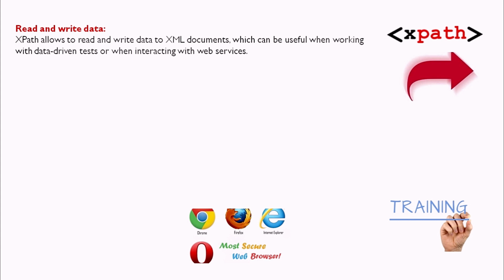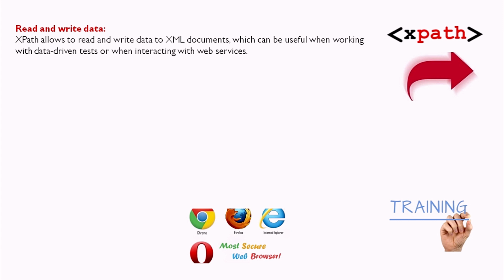Basically, when we design the framework, we use XML documents to collect all the web elements. Some companies collect them in a Java class file, some companies collect all the web elements in XML documents, and some maintain them in Excel sheets. It depends on the framework and the company.